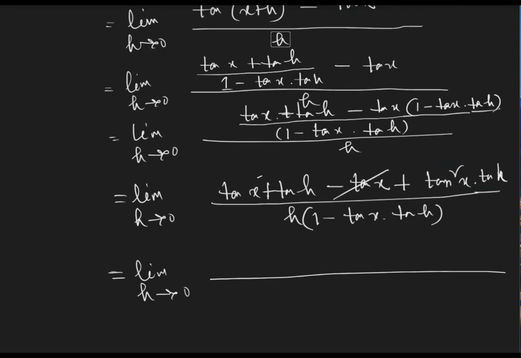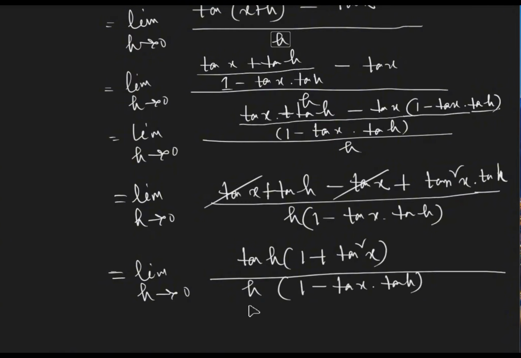So this tan x cancels out, so here we could write down tan of h as a common term, so 1 plus tan square x over h times 1 minus tan x tan h, right?